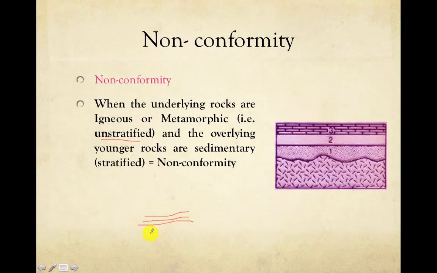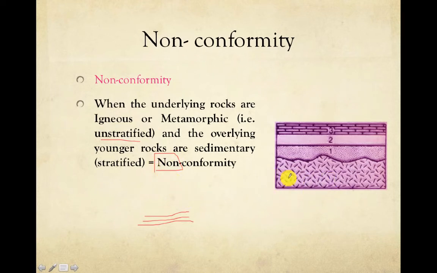My lines are not horizontal. So when underlying rocks are igneous or metamorphic, unstratified, so they don't have these layers, and the overlying or younger rocks are sedimentary, stratified, meaning they have the layers, it's called a nonconformity. I remember this because it is a sedimentary rock and a non-sedimentary rock.